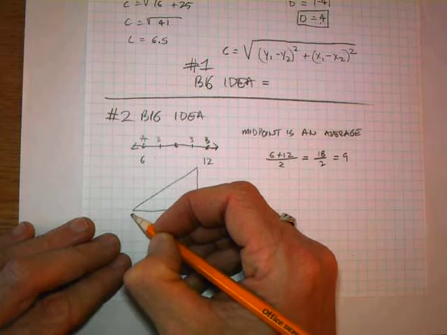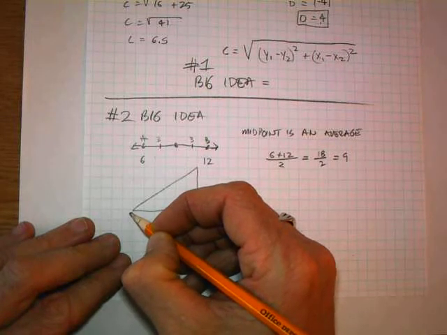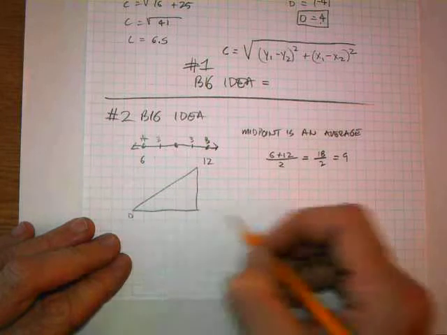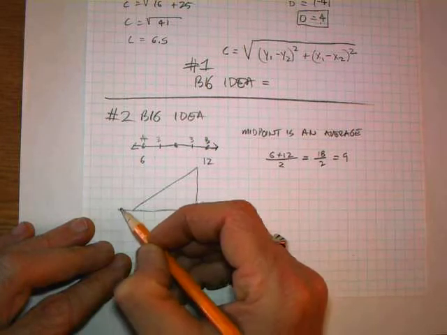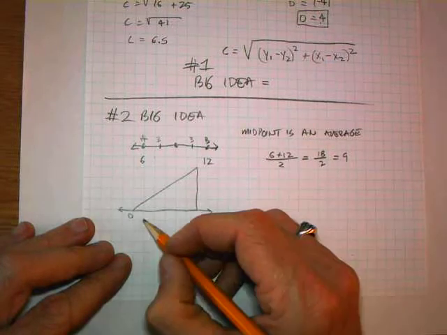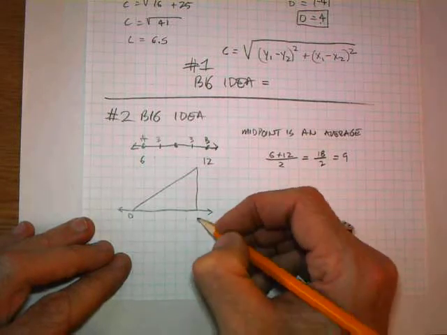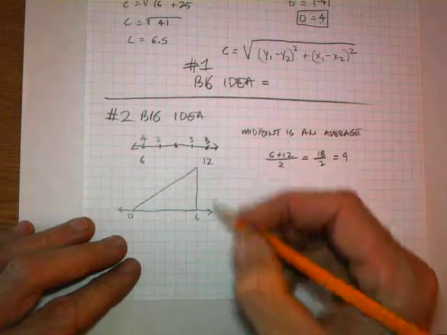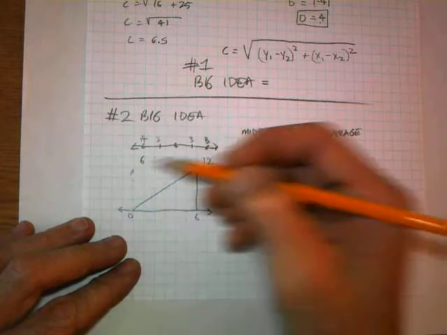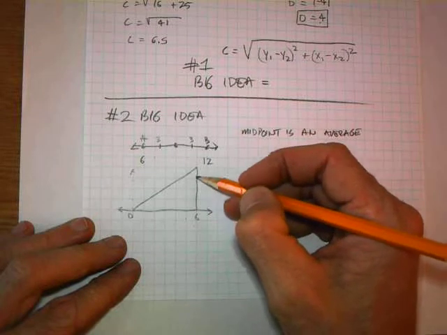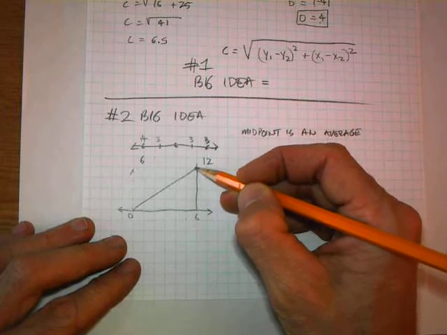Let's call this 0. I'm talking about the x-axis here. And let's call this 1, 2, 3, 4, 5, 6. And in the y direction, here's the y. Let's call this 1, 2, 3, 4.